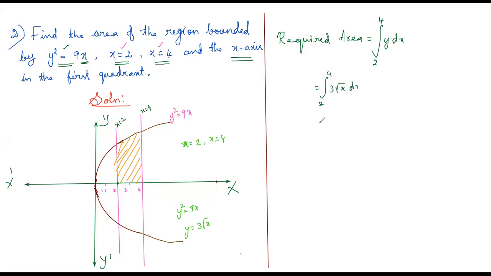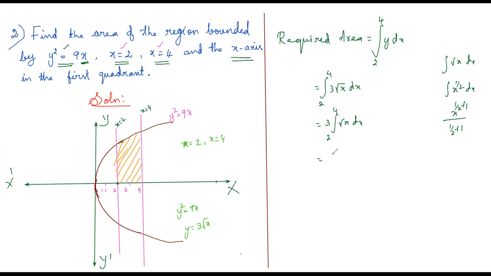So you can keep the 3 outside, so it becomes 3 into the integral from 2 to 4 of root x dx. And what's the integration of root x? It is the integration of x power 1 by 2, right? So it is x power 1 by 2 plus 1, over 1 by 2 plus 1. So it is x power 3 by 2 by 3 by 2.